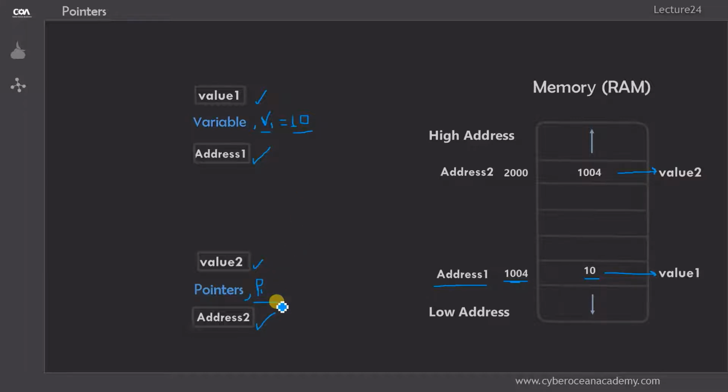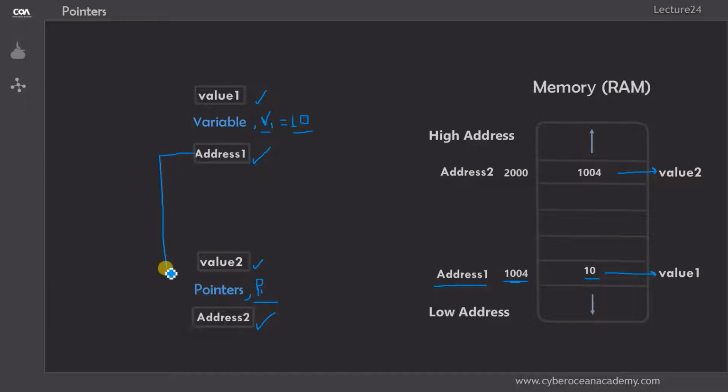This pointer is also a variable, and it is a pointer to integer, that means it stores the addresses of another variable. We say it's an integer pointer, that means it stores the addresses of an integer variable. So v1 is an integer variable, so the value 2, that is the data inside this pointer, becomes the address of v1.